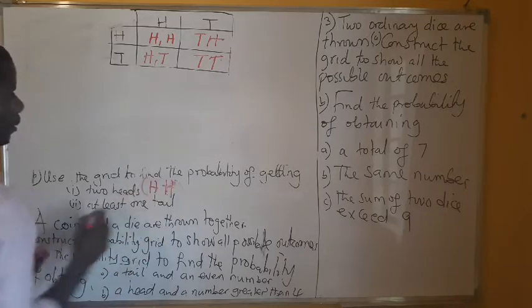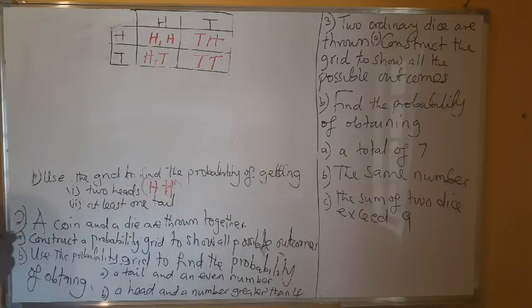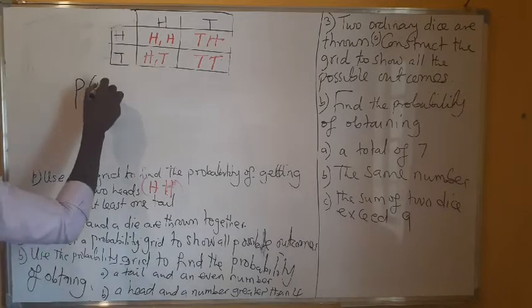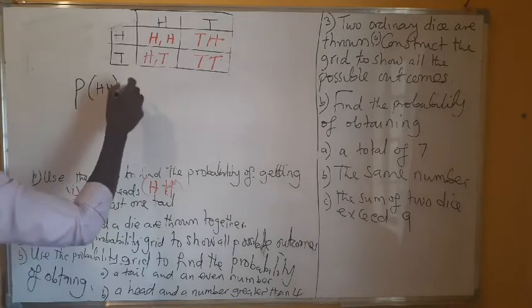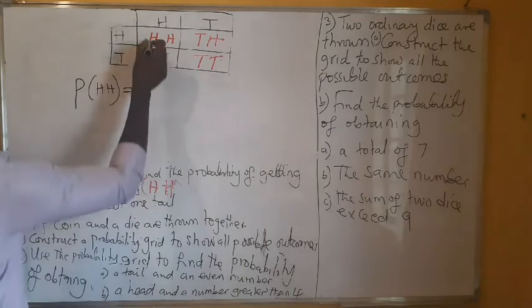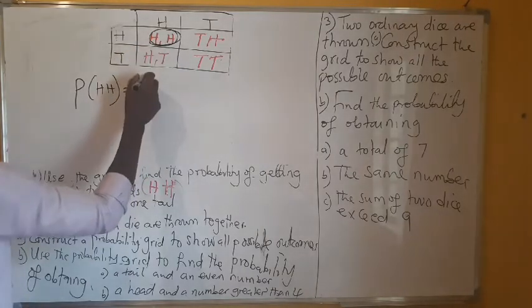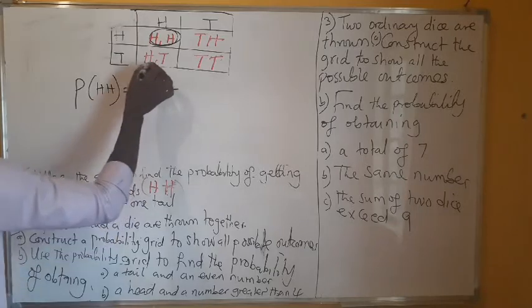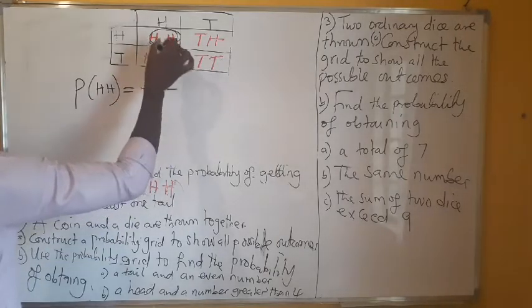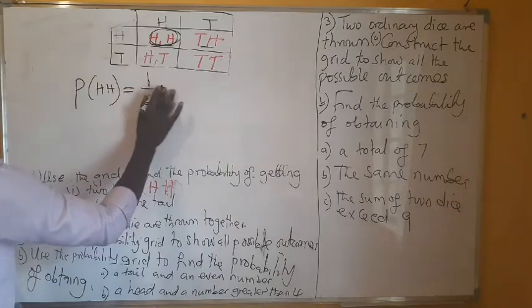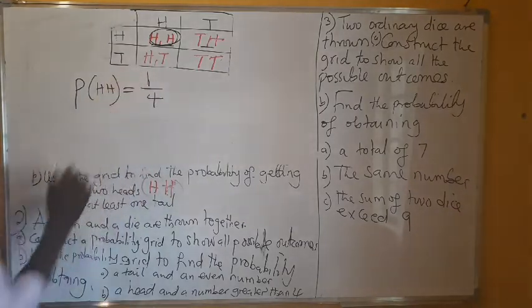Where do we have head and head? It's this one, which is just 1 over the sample space, all the possible outcomes. How many are they? We have this, this, this. There are 4. So the probability is 1 over 4.